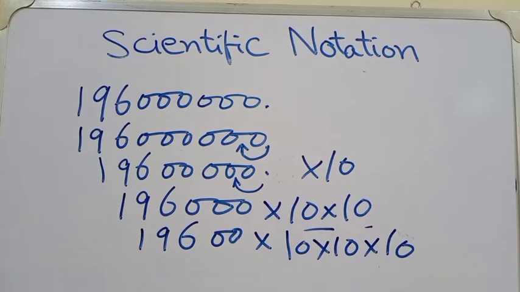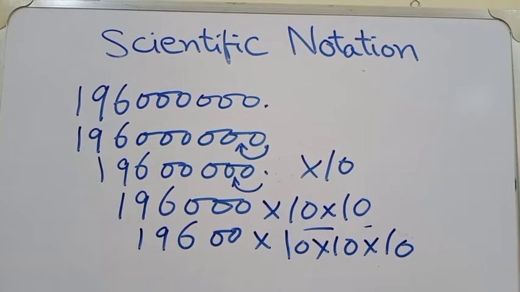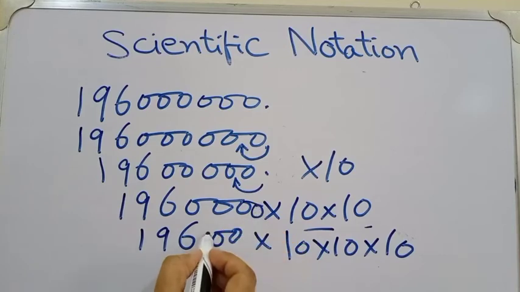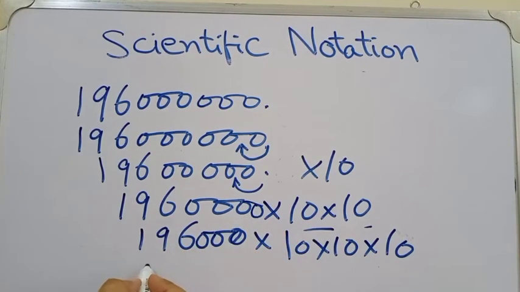If we repeat this process, it is very hard to keep track of the zeros all the time.